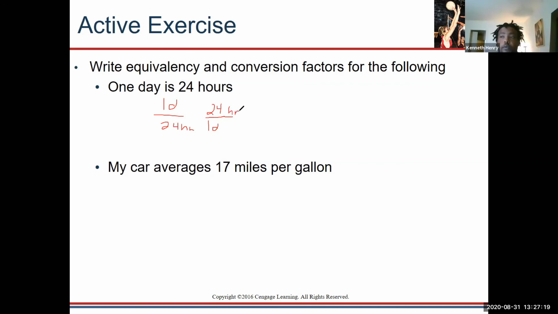Okay. What about when my car averages 17 miles per gallon? You could do 1 gallon over 17 miles or 17 miles over 1 gallon.